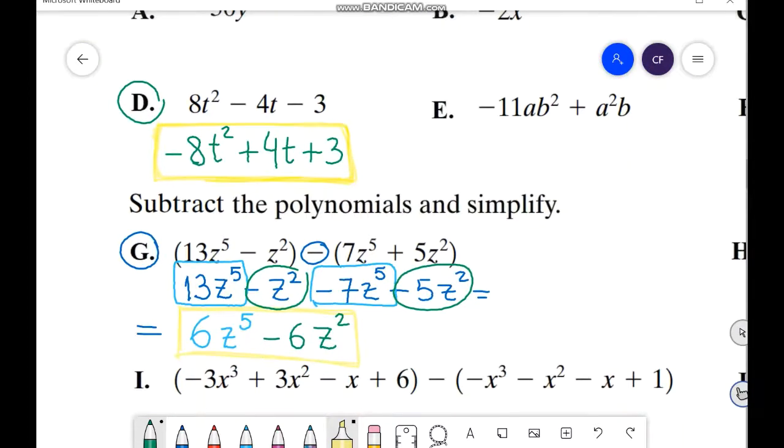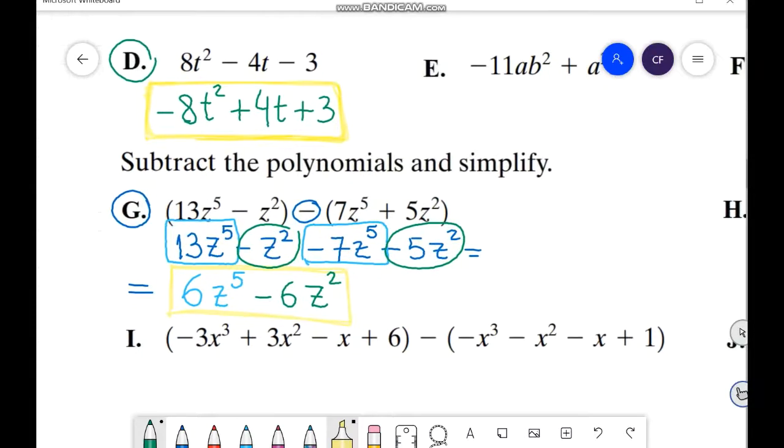Okay, Maddie? Okay, thank you. G is here. This is the answer for G. Okay, Kalia? Now I will check real quick the attendance, and then I will get back and we can work together on all the questions if you want.